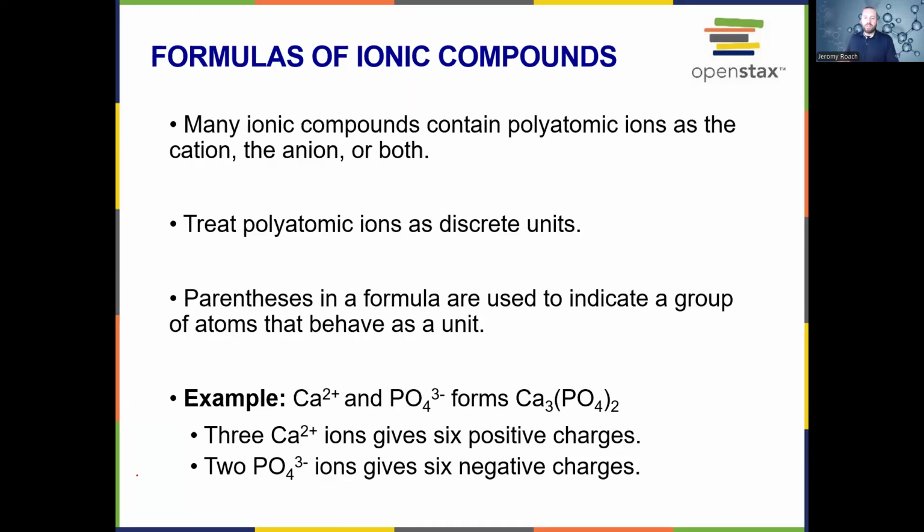There are 3 Ca2 plus ions, that's 3 times Ca2 plus, which gives us a +6. For the PO4 3 negative, we have to multiply the -3 times 2, and to do that, we put parentheses here to make that a -6. -6 and +6 cancel out, and this is our final result.